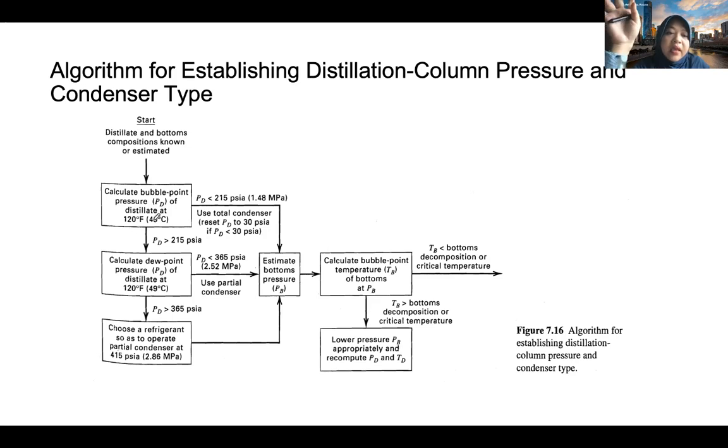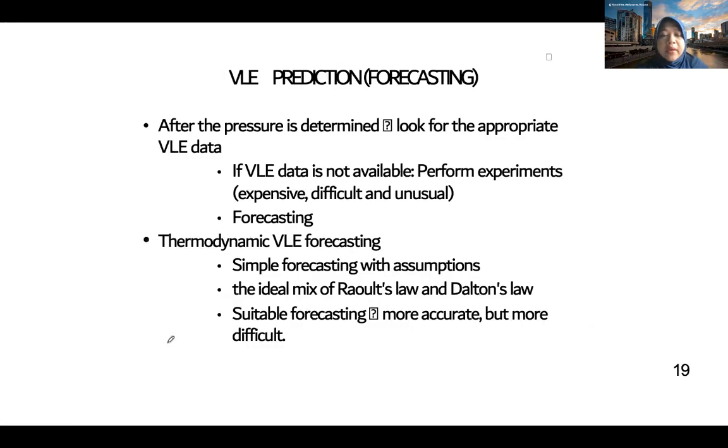Then we check the dew point pressure and so on. For the bottom pressure, we also need to choose it and calculate the bubble point as well. But if the pressure is too low, then we can use a refrigerant for that.